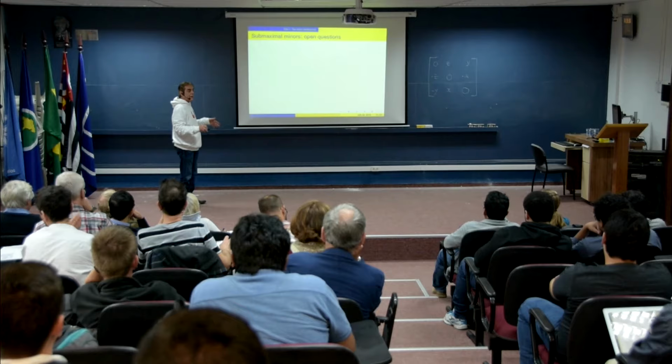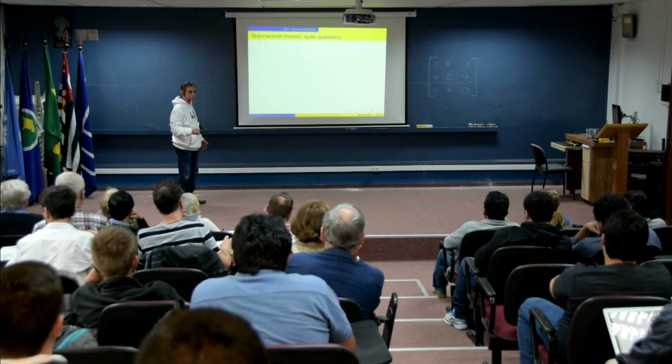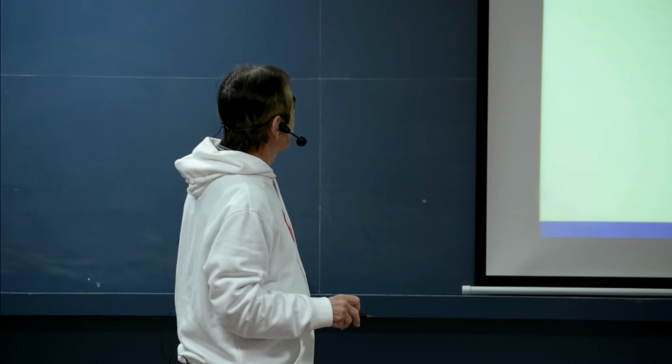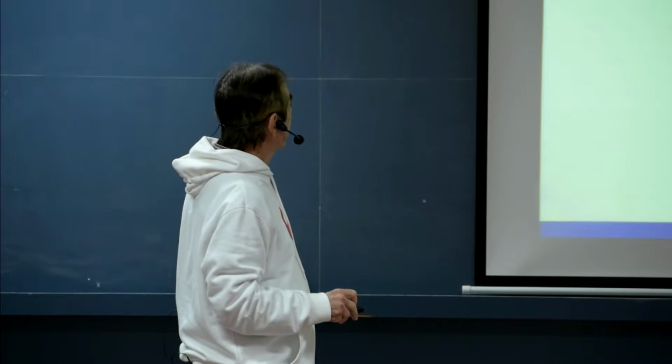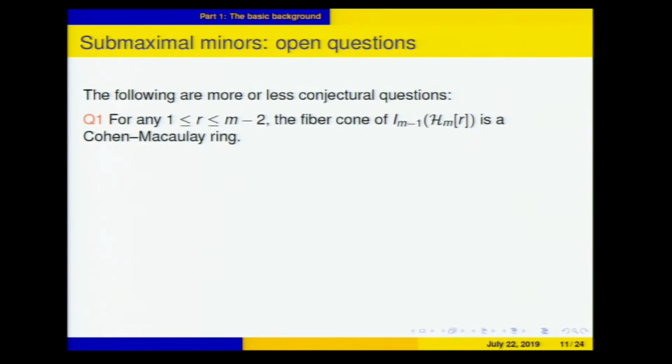Okay, so immediately there are some open questions that we cannot solve for the moment. Maybe some of you are interested in looking at them. So first of all, we expect the fiber cone of this ideal to be a Cohen-Macaulay ring for any T, for any R in the range.